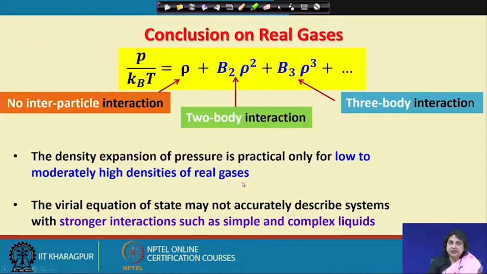So, in the next lecture, we are going to describe the steps that are adopted to modify this entire picture in such a way that we can indeed extract useful information even for strongly interacting systems like simple and complex liquids. Thank you.